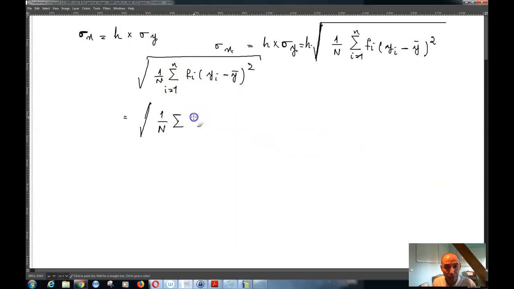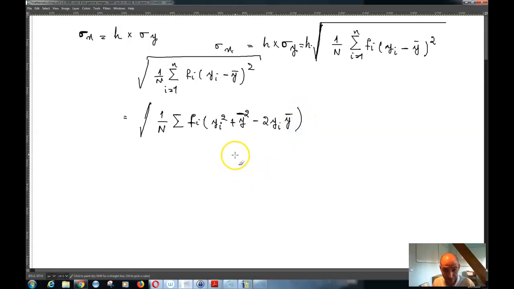I would write it as sigma of f of i times y of i squared plus y bar squared minus 2 times y of i times y bar.